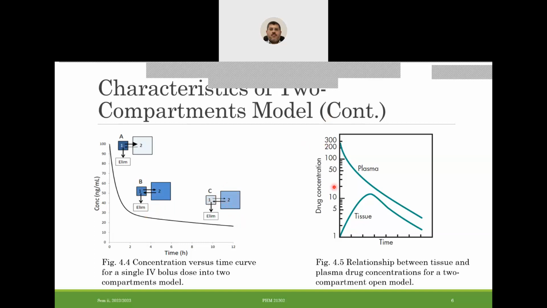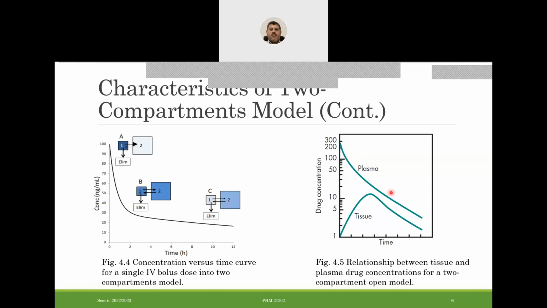If we look at the drug concentration versus time in plasma and in tissues, plasma is the graph that we showed. The drug has a biexponential decrease. There is a faster decrease in concentration in the distribution phase initially, and then the slope becomes less in the beta phase. The processes in the beta phase are elimination from the central compartment and back distribution from compartment 2 into compartment 1.